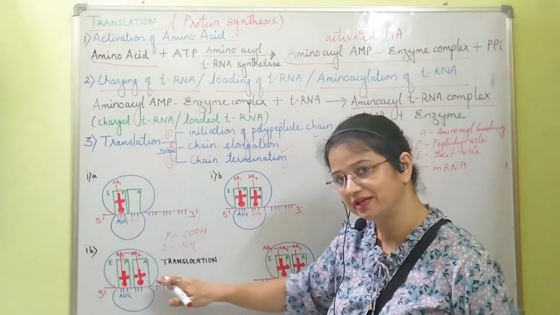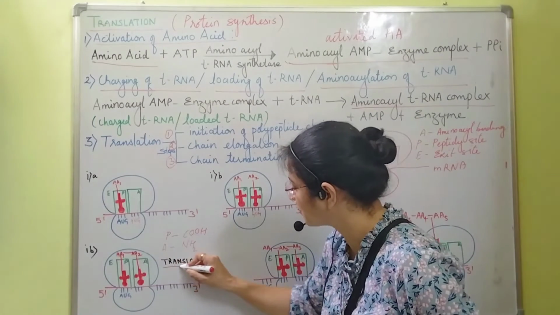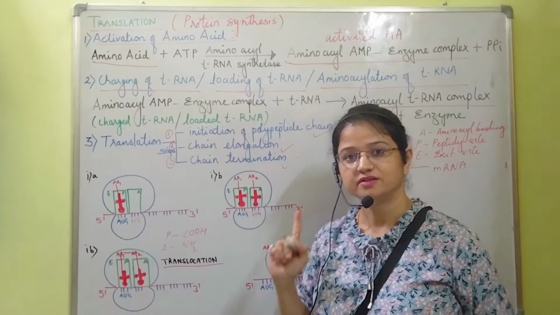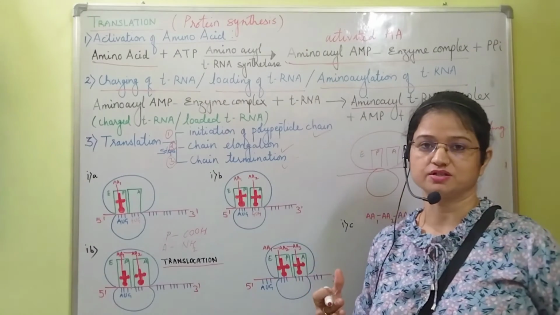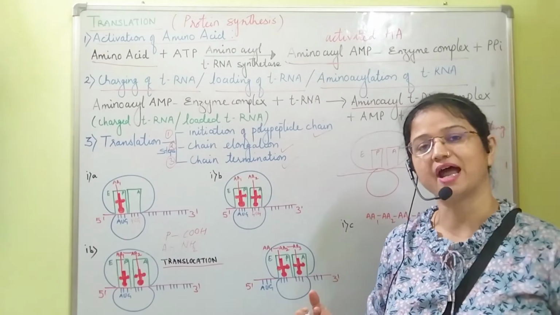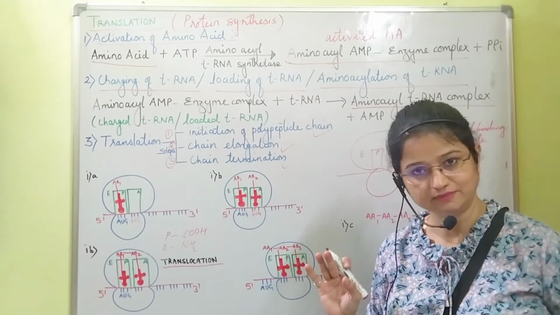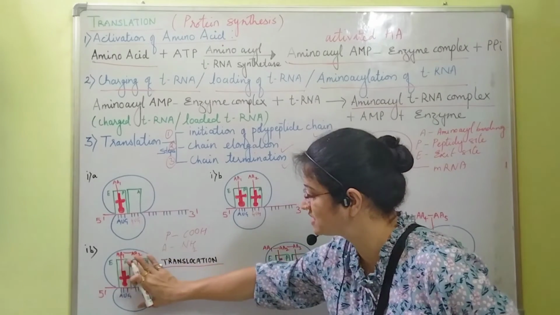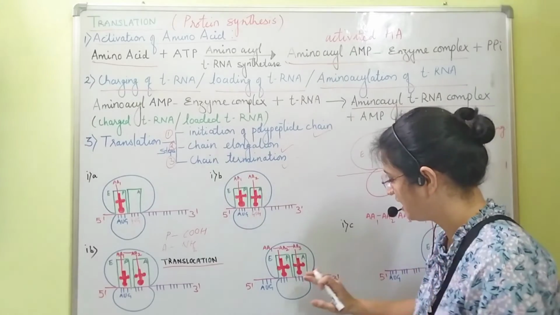It will slide over in this direction, and this process is known as translocation. For the translocation an enzyme is needed, and that enzyme is translocase enzyme. Clear? Now what will happen when it slides over here? We will get a free A site.